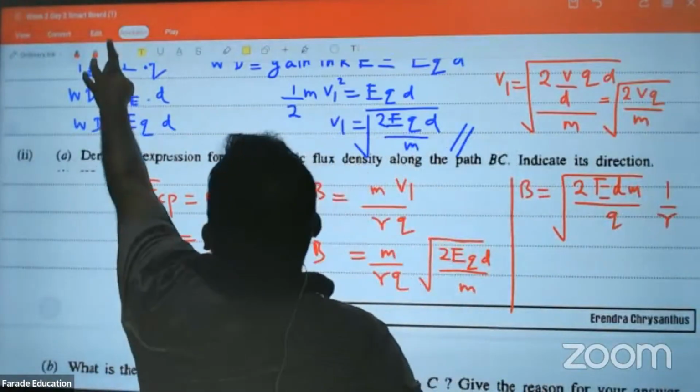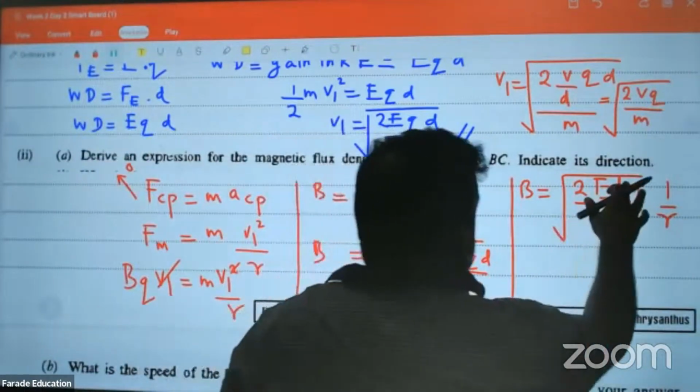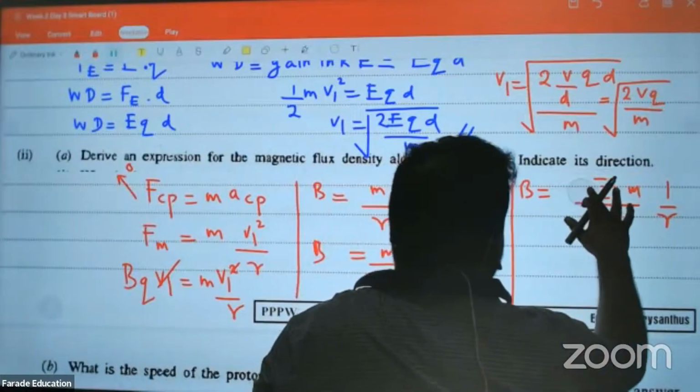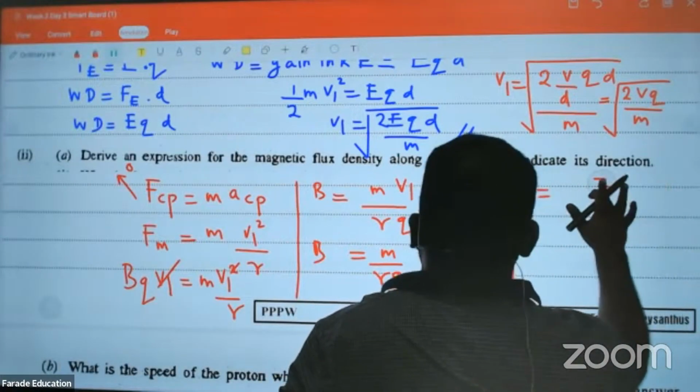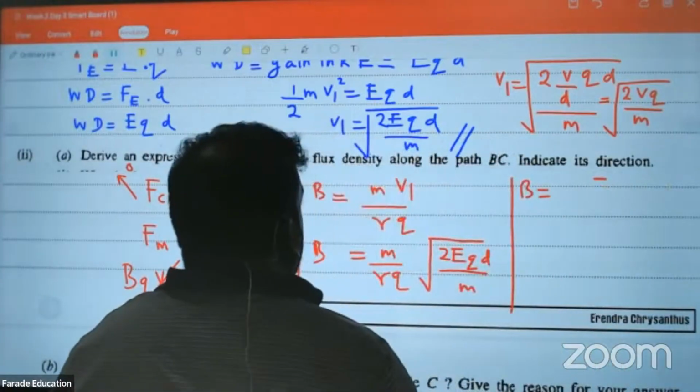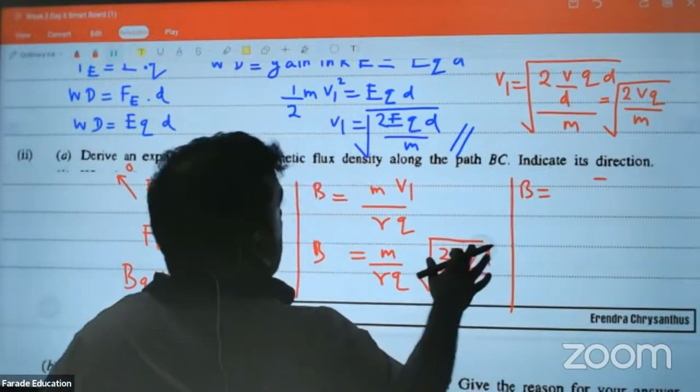Even here substitute carefully. Here for v1 you can substitute.